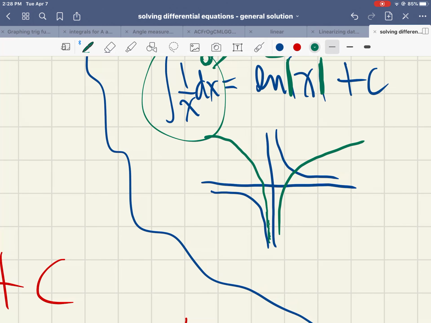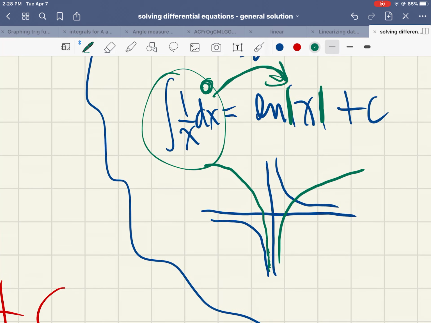So if I just had ln x, I'll erase that part. Sorry folks. So, I'll do this in red now so you can see it. That's ln x.